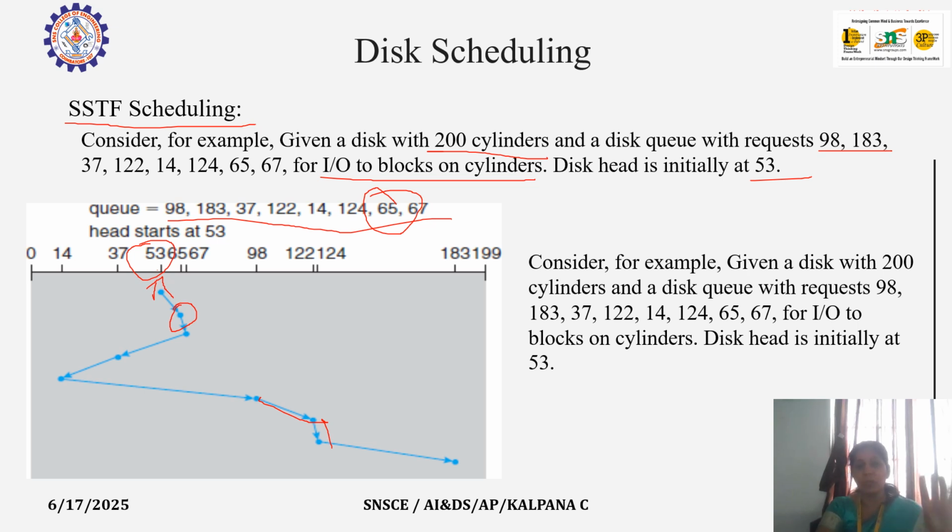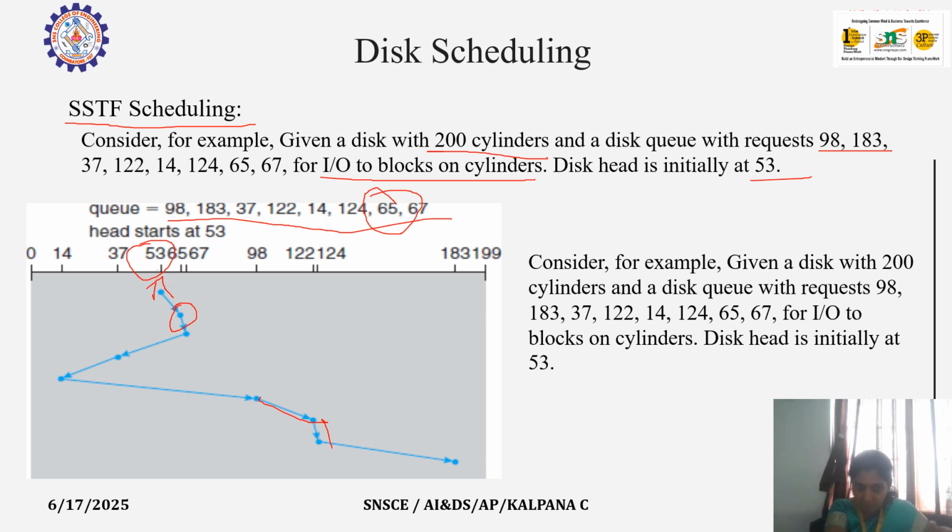So you have to start with the head position 53. From 53, first you subtract with all the requests in the disk request queue. You see which request takes very less seek time, the shortest seek time, and you pick and process that request next.